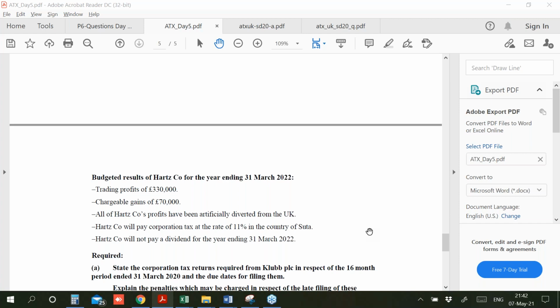The question has asked whether it will be regarded as a CFC. I will say that as we own more than 30% and its profits are artificially being diverted from the UK, it will be regarded as a CFC in the absence of any exemption. Then I'll say that it will not qualify for the CFC low profit exemption because its chargeable gains are more than 50,000.